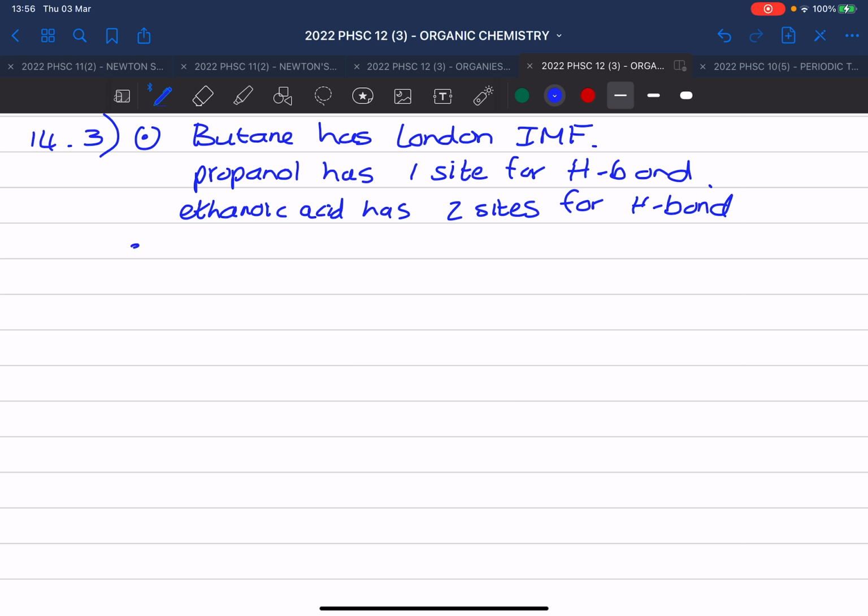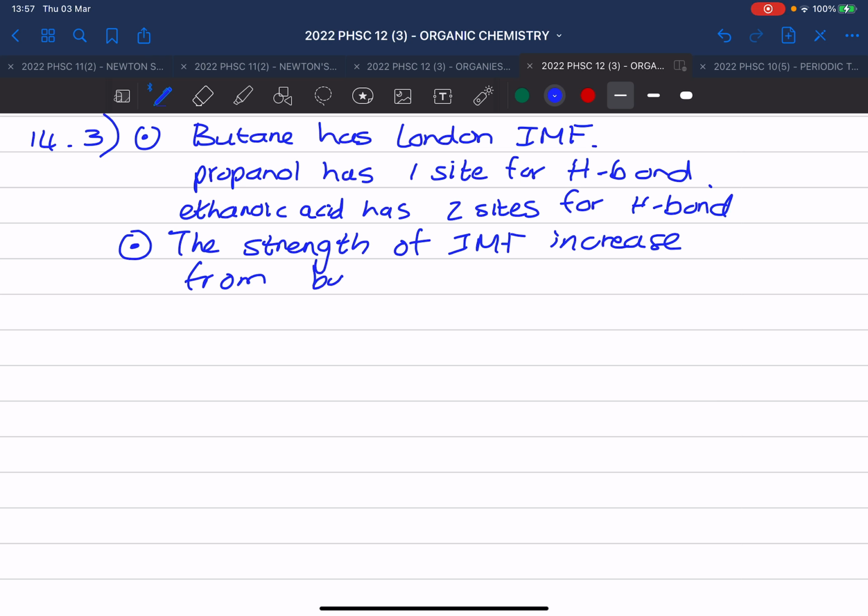Right, then the next one is you must refer to the strength of the intermolecular forces. So you can write this in different ways. Okay, I'll say thus the strength increases from butane to propanol to ethanoic acid. Otherwise you have to say this one is stronger than this one is stronger than this one.